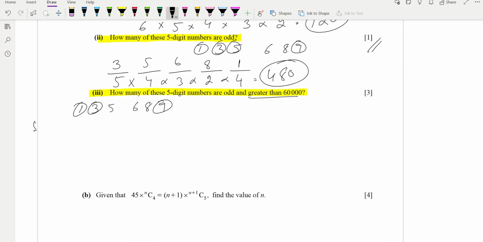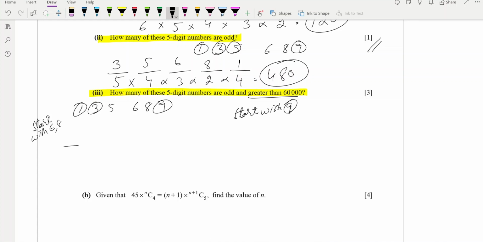So we can take the start with 6 or 8, and we can take the other option as start with 9.